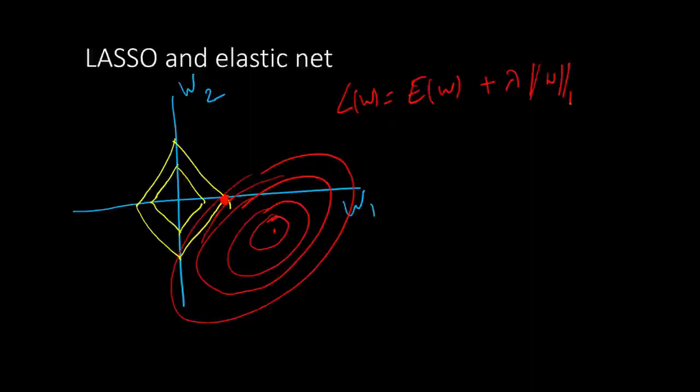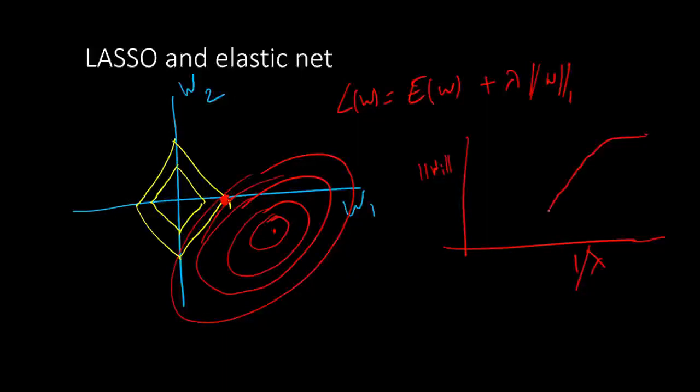If I look at no lambda, then basically I have the minimum error. If I have large lambda, then basically the weights are zero. So if I plot 1 over lambda, or log of 1 over lambda, and I look at the mod of a single weight at a time, for no lambda I will have large weights, and as I keep increasing lambda the weights will decrease and some weights will become zero.